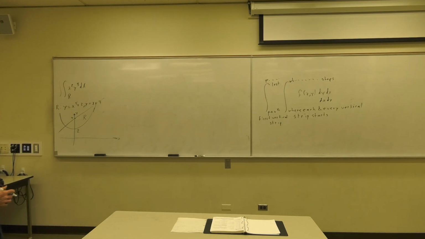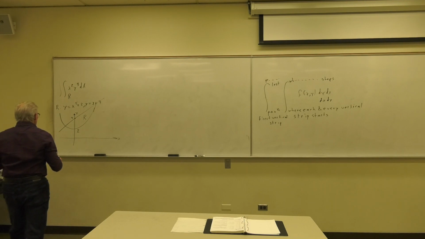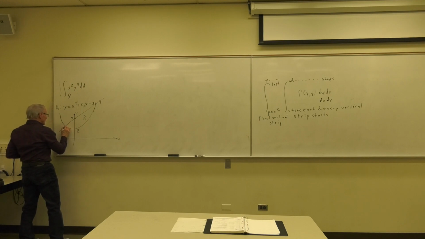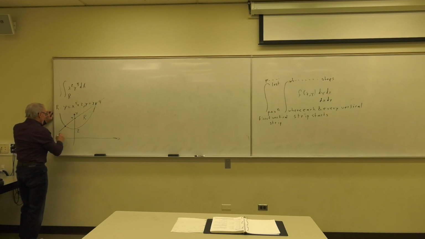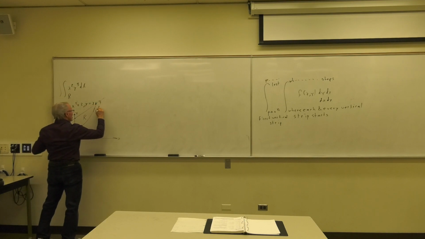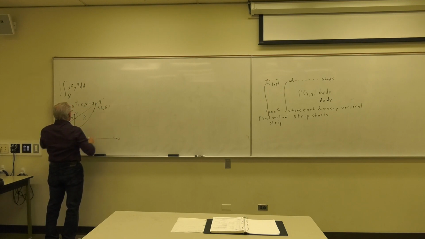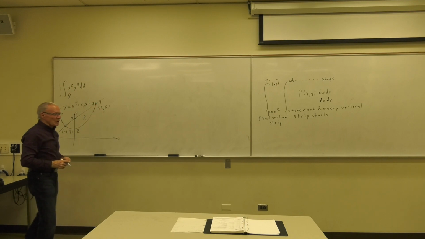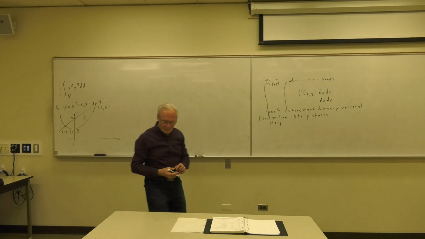I presume at some point in this problem I'm going to need that point and this one, so let's get them now. I believe this one is -1 and 3. That works there. What about this one? 2 and 6? 2 in here gives 6. Yeah. So there are the coordinates of those points.